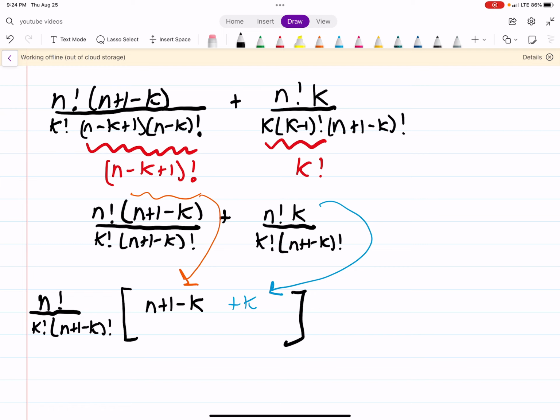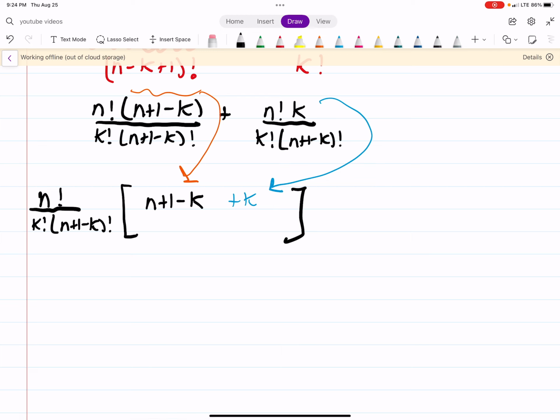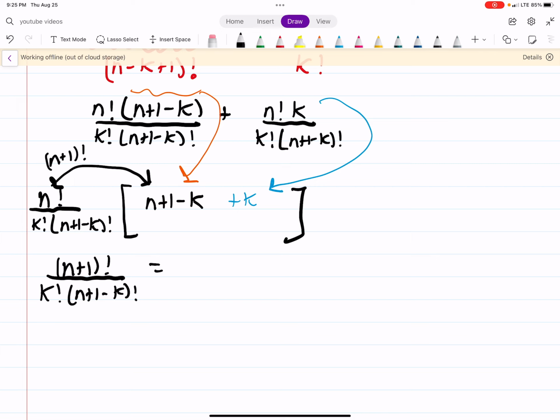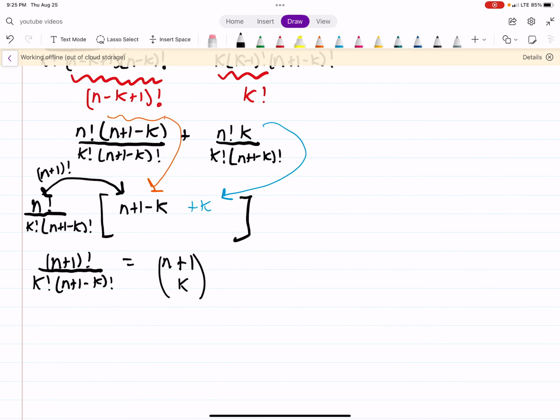And you'll just have n plus 1. So we have n factorial times n plus 1. So just like the logic above, this is n plus 1 factorial. So n plus 1 factorial over k factorial times n plus 1 minus k factorial. And if you remember our little equation, our numerator now is n plus 1, and in the bottom it's still k. So n plus 1 choose k. So as you can see, we did prove this all right.